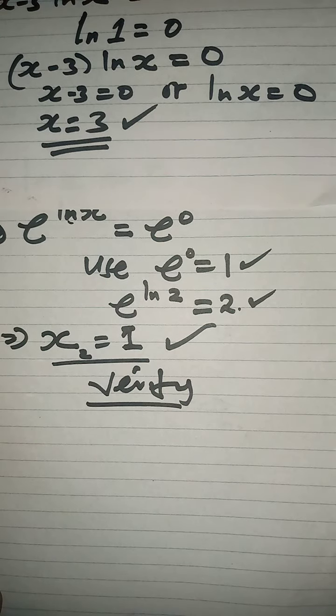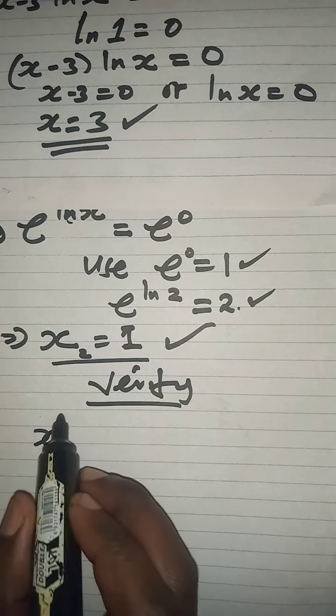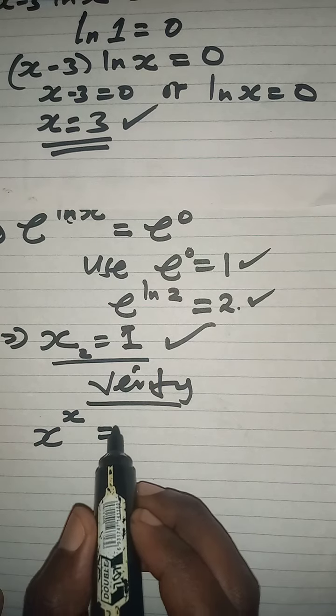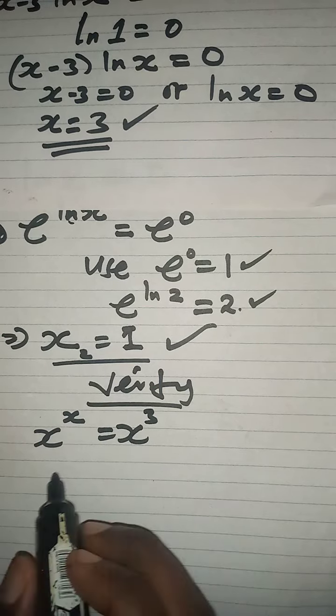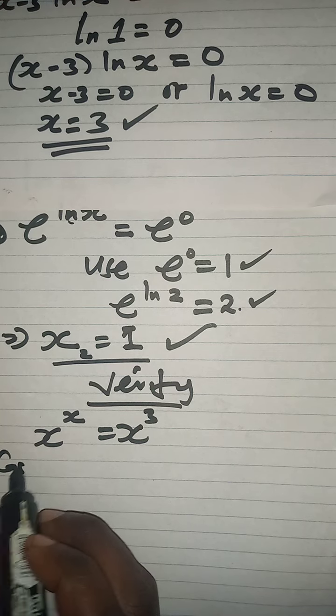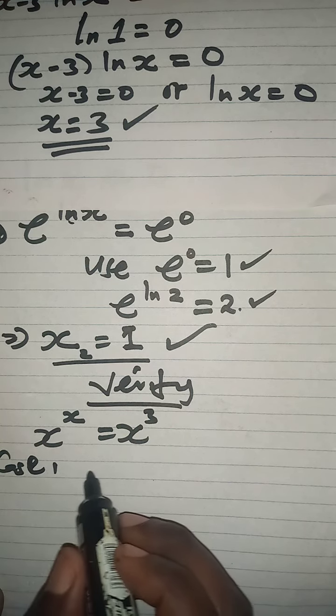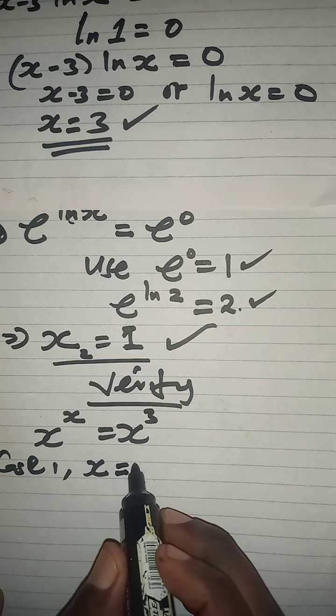As we verify, I know that x to the power x is equal to x to the power 3. For case 1, my x was 3.